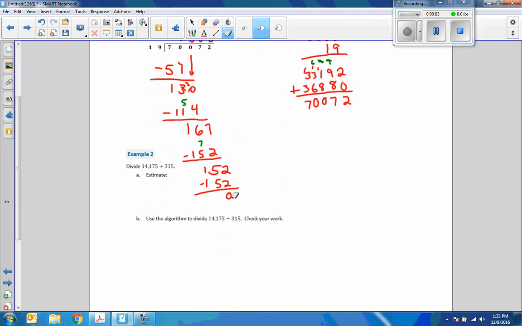Okay, example 2. Get this out of the way. Example 2 says to estimate. So what can I round 14,000 to and 315 to? Now I look at each of these numbers, and if we round them both down, we're going to be way off.